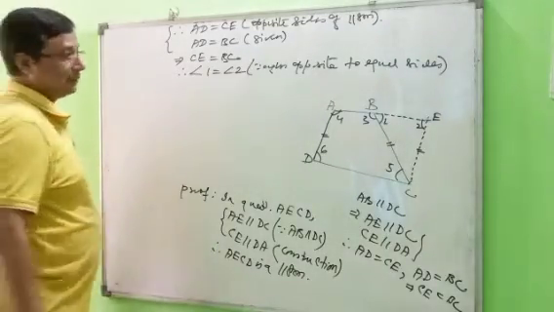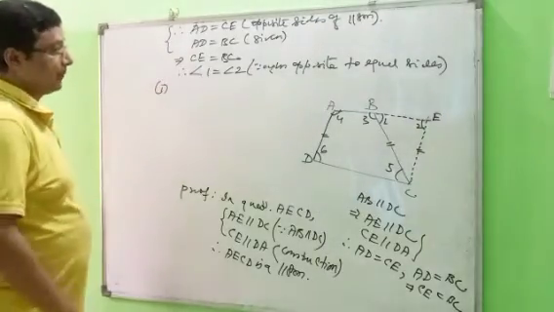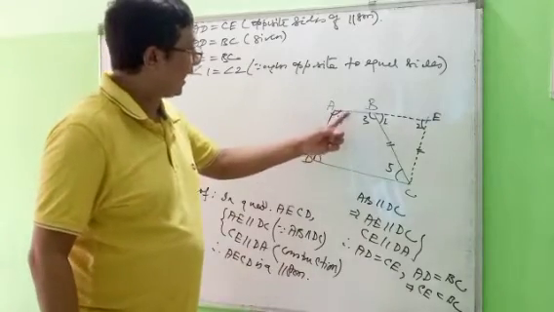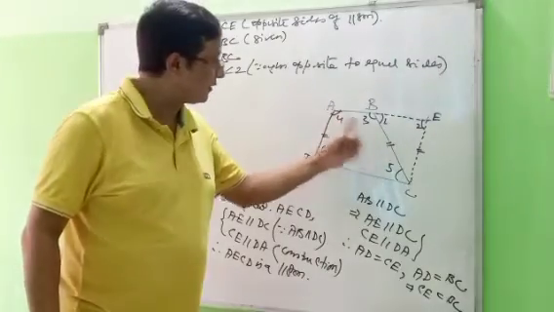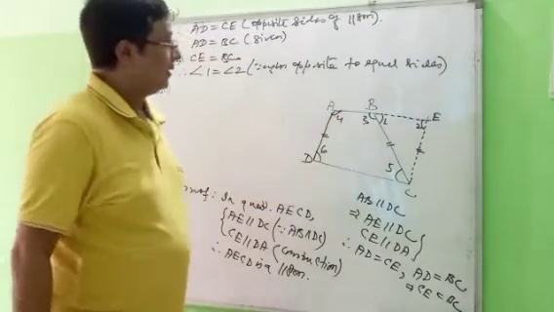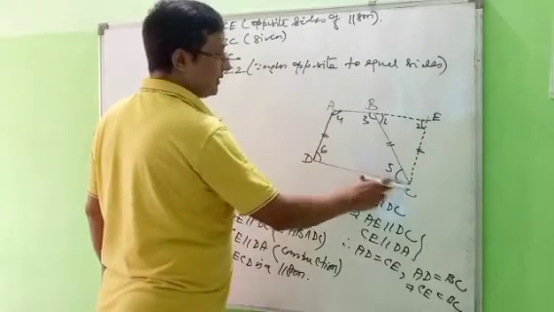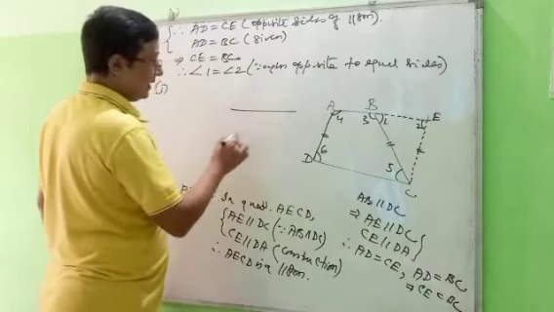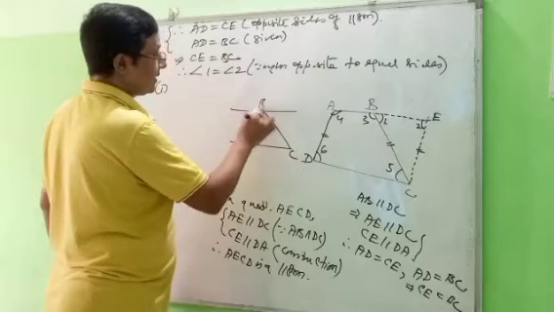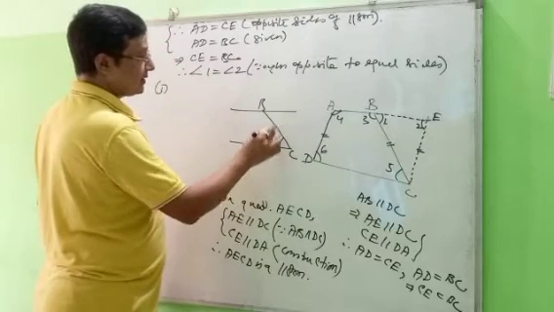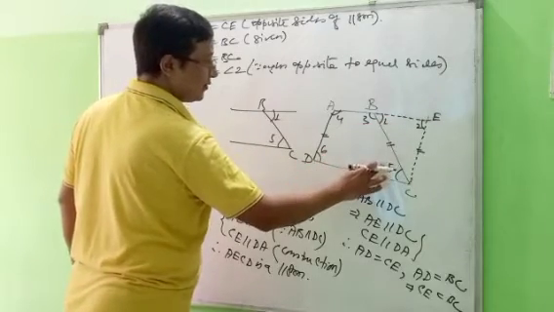Now, for the proof, let us take proof 1. They have said you want to prove angle A equals angle B, which means angle 3 equals angle 4. Since AB is parallel to DC, that means AE and DC are parallel, and this is the line, so it is C, this is B. In that case, 5 and 1 will be equal, alternate interior angles.